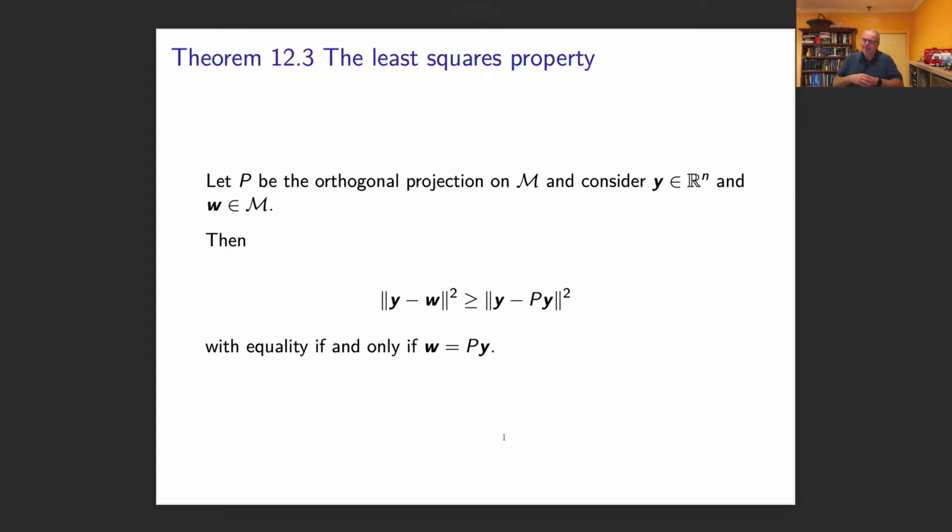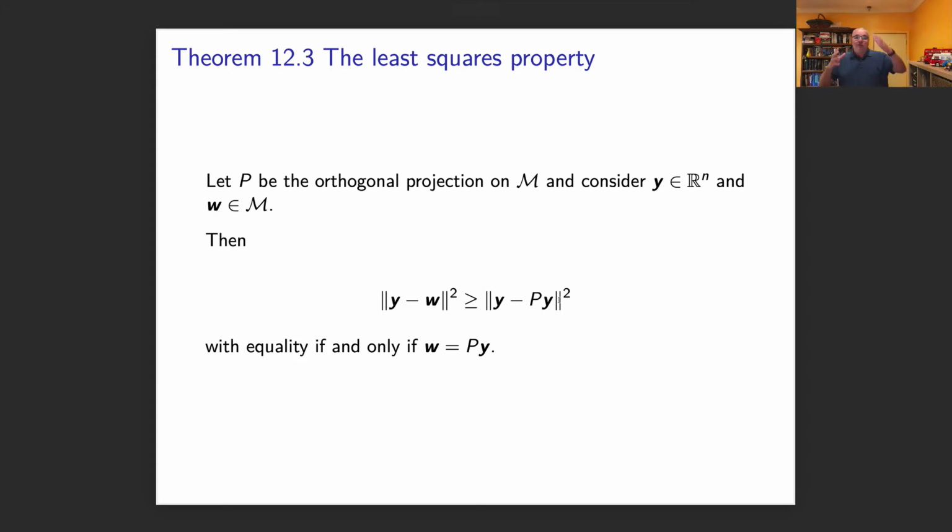Why do we care? Okay. The nice thing about our orthogonal projection onto M is if I take any arbitrary vector y in Rn and then I have some arbitrary vector mu in my subspace, then the sum of squares, the norm of y minus mu squared, will always be greater than or equal to the norm of y minus our projection of y squared.